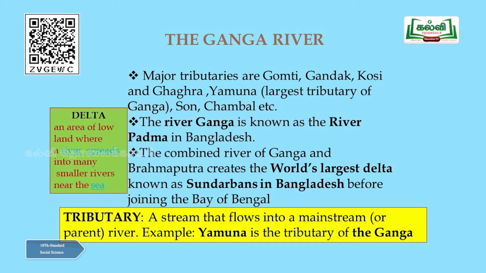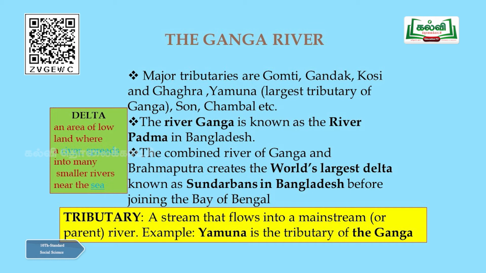A tributary is a stream that flows into a main stream of a river. So, Yamuna is the tributary of the Ganga river, and this river Ganga is known as river Padma in Bangladesh. In India we call it Ganga river, whereas in Bangladesh the same river is called river Padma.